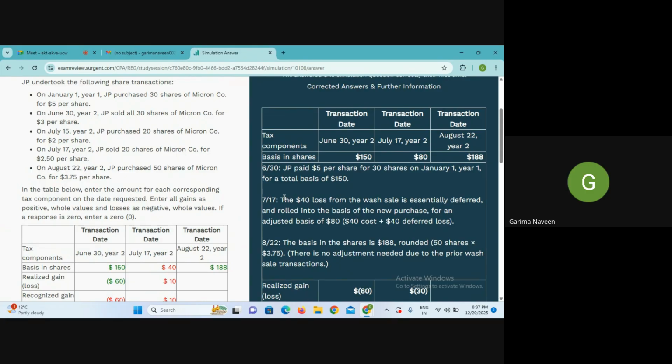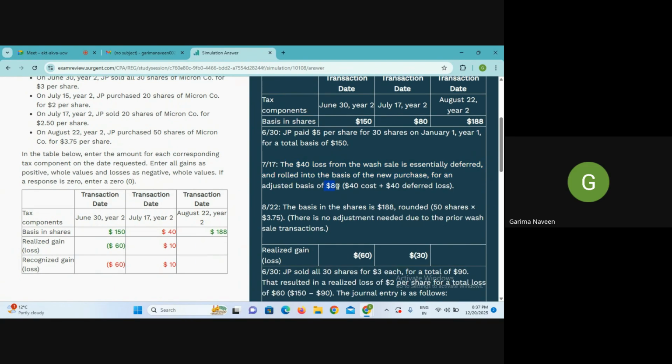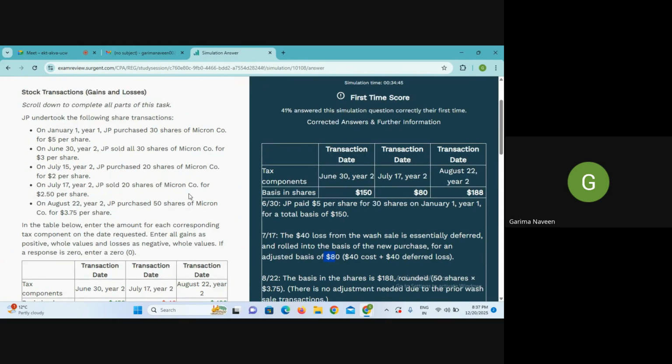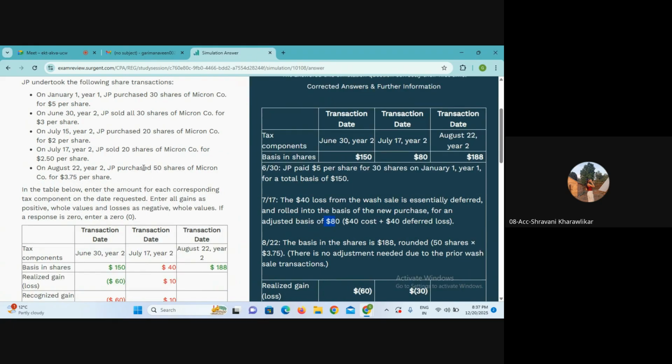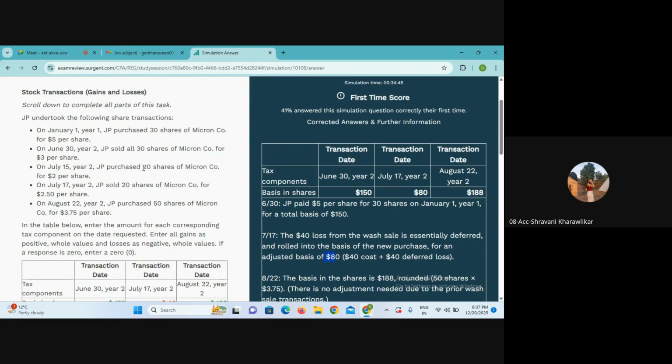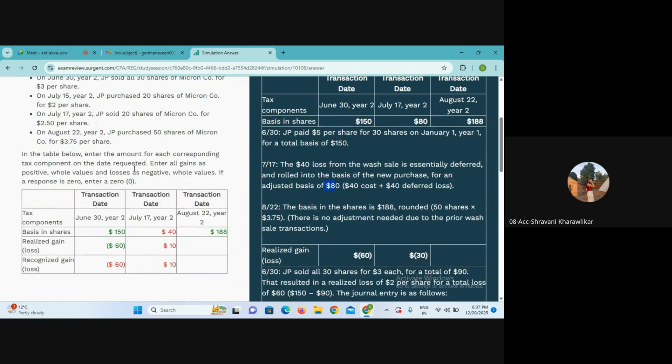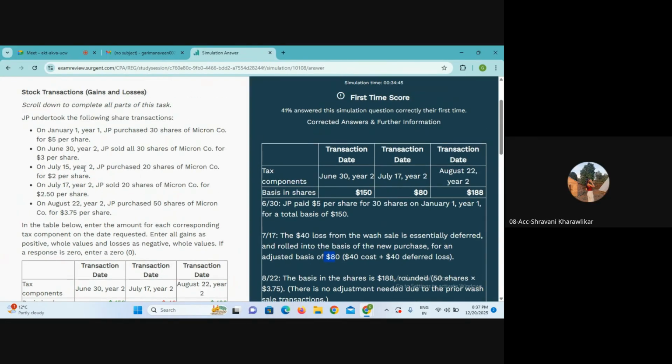The $40 loss from wash sale is essentially deferred and rolled into the basis of the new purchase for an adjusted basis of $80. Okay, so 40 that we calculated and 40 from the loss that was carried forward. So 40 plus 40, that would be 80. Just a minute, just checking. So you are selling for $3, then purchasing it for $2.